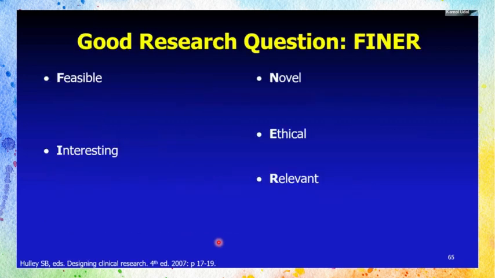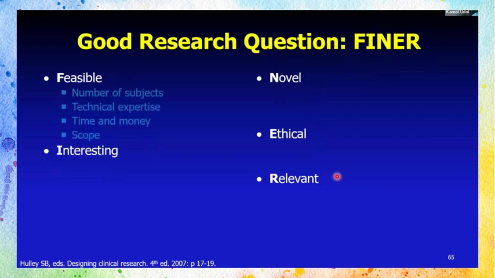A good research question has some characteristics. A good research question should fit in this acronym, FINER. So there should be 5 characteristics for a good research question: feasible, interesting, novel, ethical, and relevant.